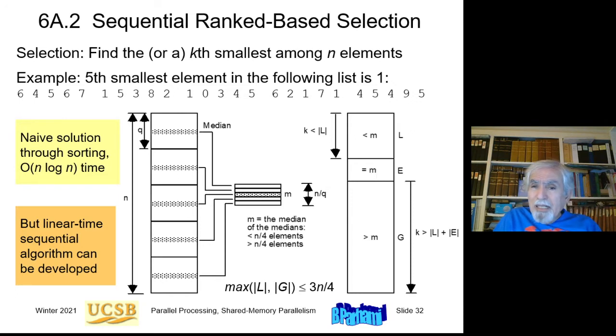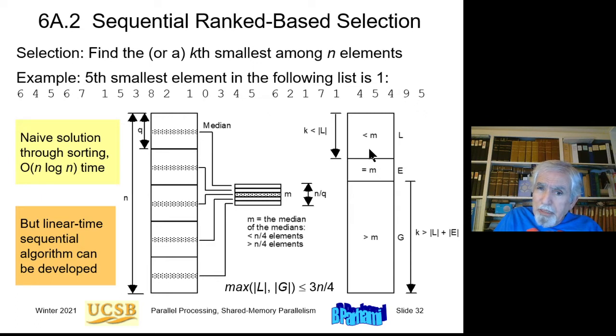Okay, so let's analyze this algorithm to see how much time it takes. So I hope you understood the strategy. The strategy is to find medians in these small lists, put those medians in another list, and find the median of that list.